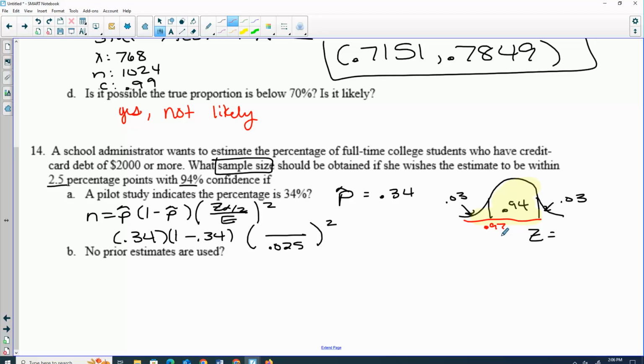So you have to find the Z that matches when our probability is 97%. So we're going to the Z table. We're looking inside as close as 0.97 that we can get. So that looks like 0.9699. And that is when my Z is 1.88.